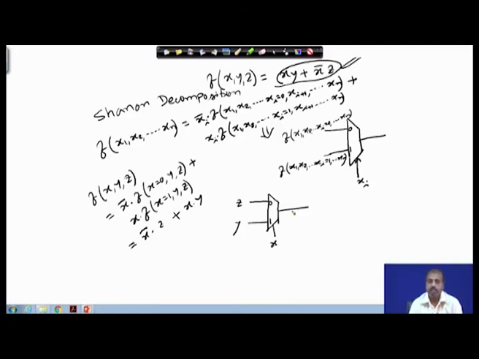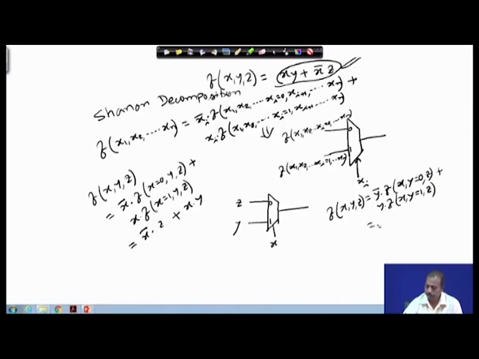Now, if somebody, instead of taking x as the variable around which we decompose, takes, say, y as the variable around which to decompose, then f of x, y, z equals y bar into f with y equal to 0, plus y into f with y equal to 1.